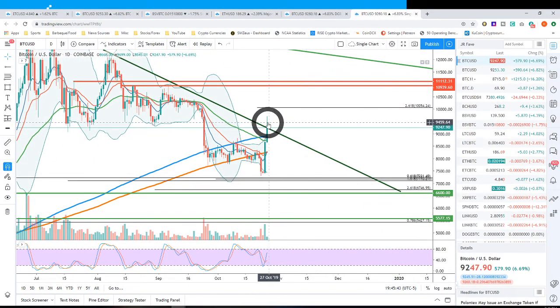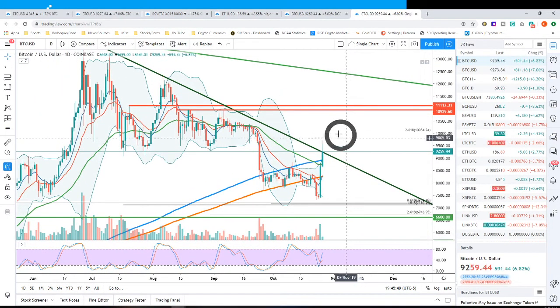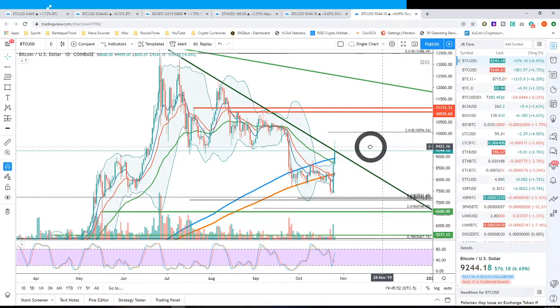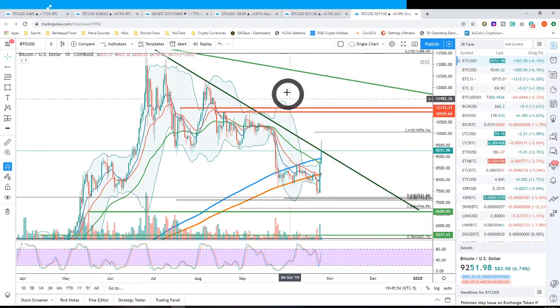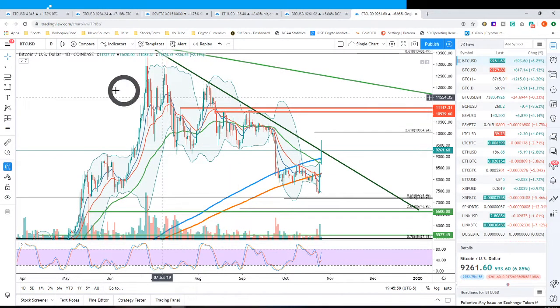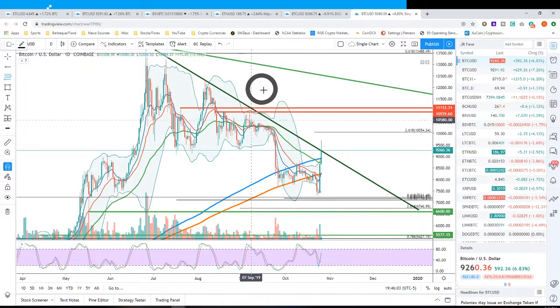Wow. Okay, so it wicked above the downtrend line. Let's do this. Good Lord. Wow. Only Bitcoin, right? Only Bitcoin can do this. Never doubt Bitcoin. Unbelievable.